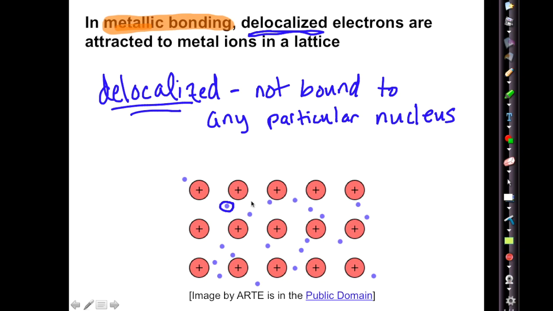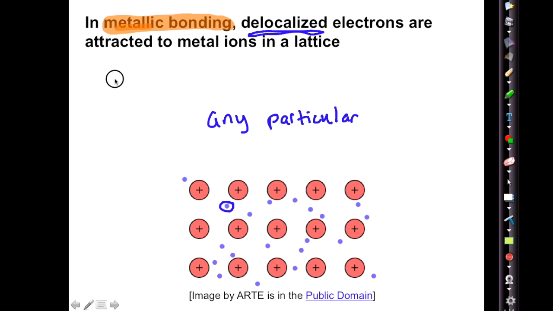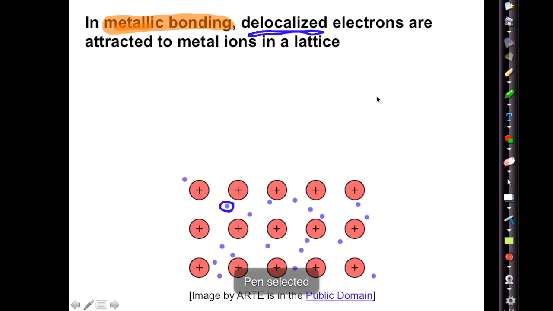Another name that is frequently given to this model for metallic bonding is the electron sea model. And this is because these outer electrons, these delocalized electrons, are free to flow through the network, through the lattice of the metal ions. And that's where this name electron sea comes from.